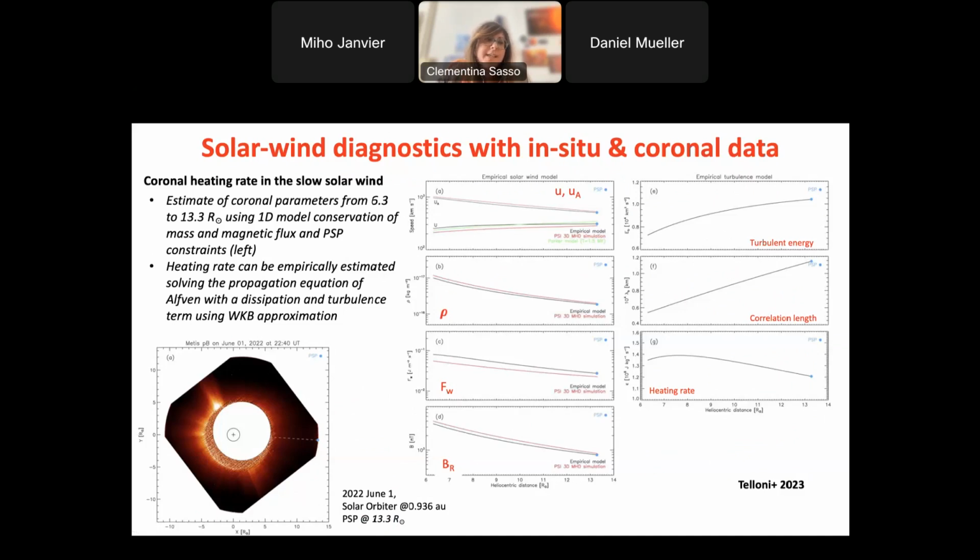We had an estimate of coronal parameters from 6.3 to 13.3 solar radii, and we were able to do it using a 1D model with conservation of mass and magnetic flux and constraints from PSP. The heating rate was then empirically estimated by solving the Alfvén wave propagation equation with some approximation.